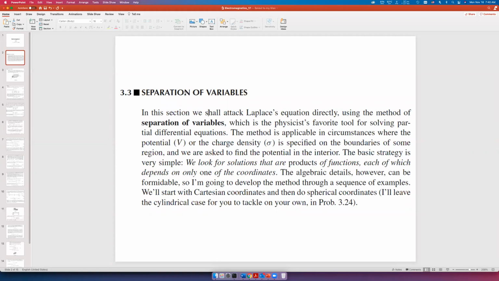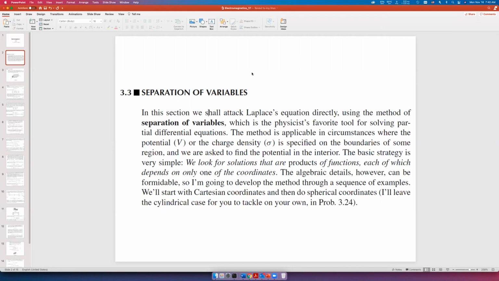to solve the Laplace equation. This section in the textbook has a very detailed explanation and derivations. It shows how to derive the equations to solve the problems. So I strongly suggest all of you read the textbook.